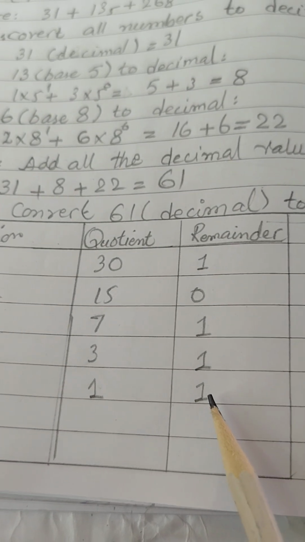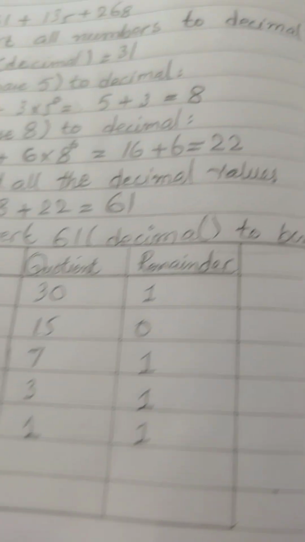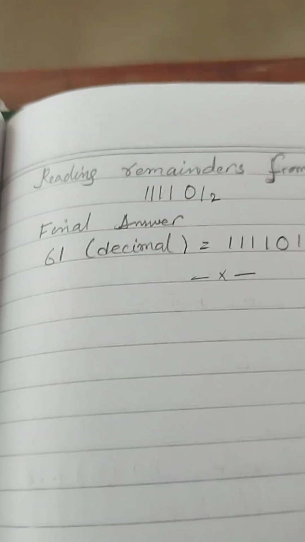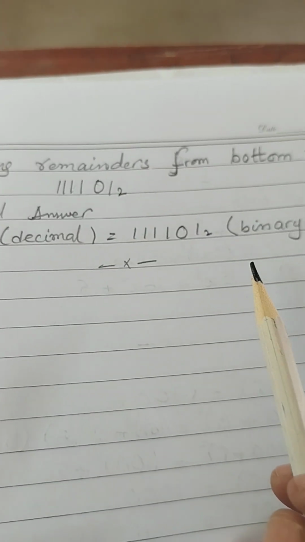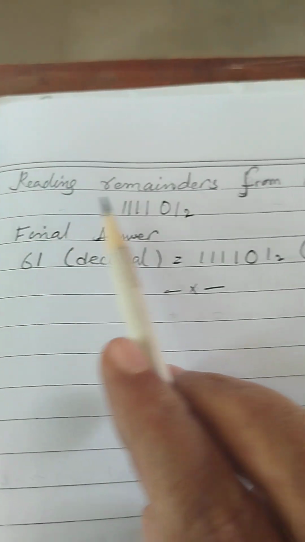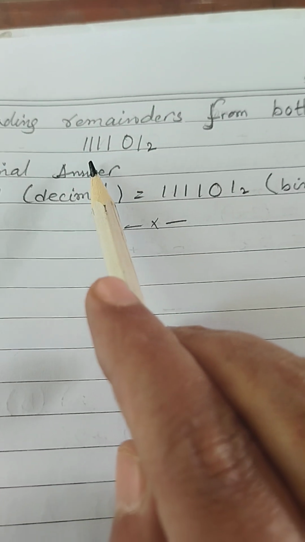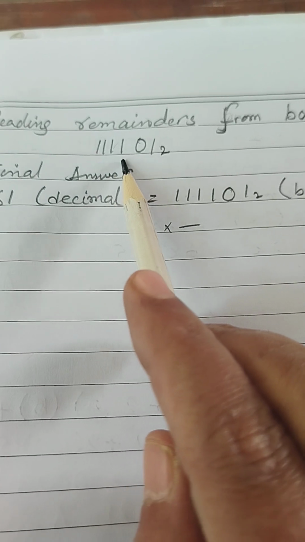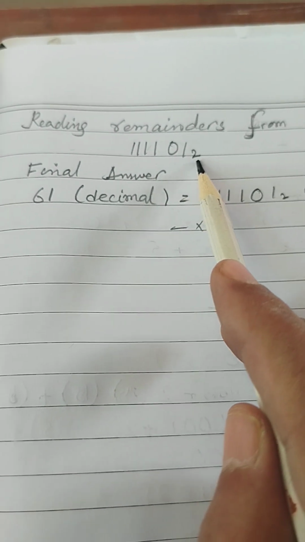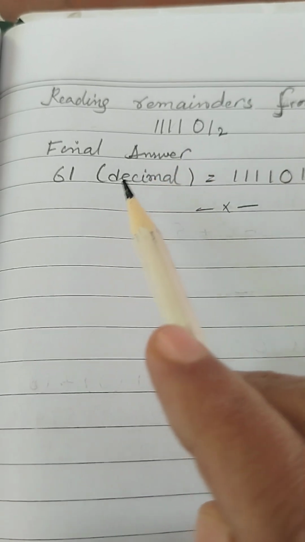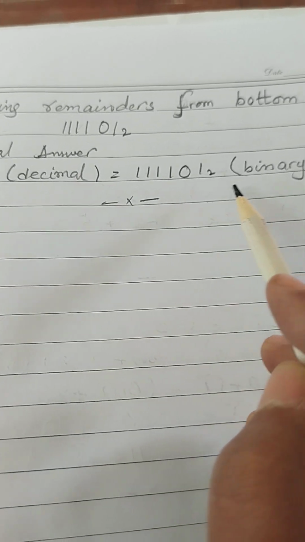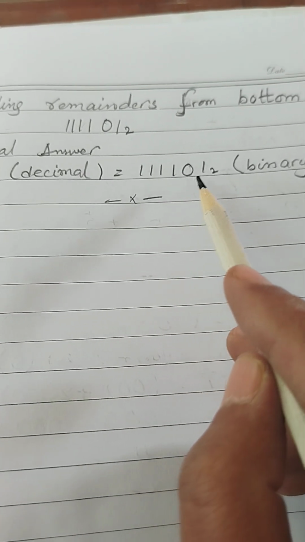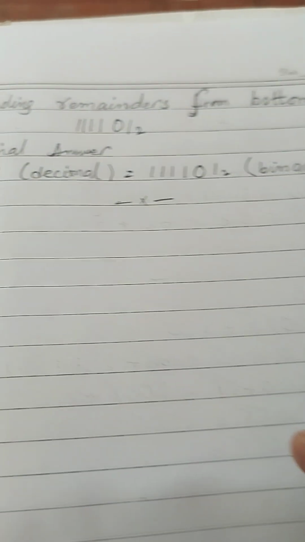Reading remainders from bottom to top, we get the answer 1, 1, 1, 1, 0, 1 base 2, which means binary system. Final answer: 61 in decimal is 1, 1, 1, 1, 0, 1 in binary system.